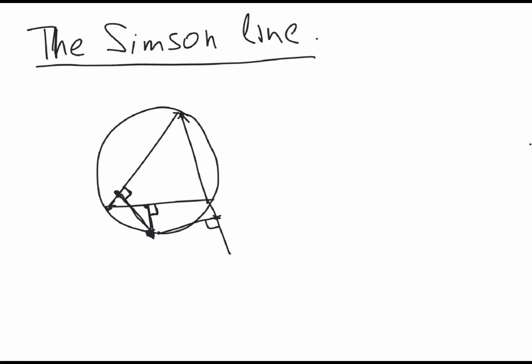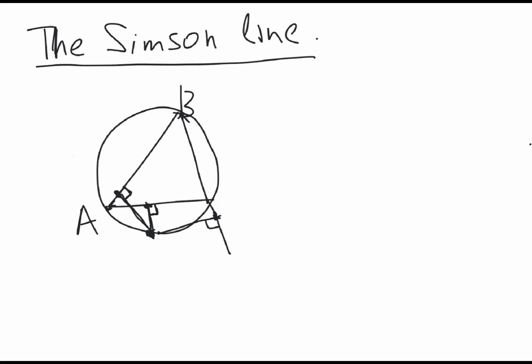And so then the theorem is that these 3 points, the feet of these altitudes, lie on a single line, and this line is called the Simson line. So let's denote the points.